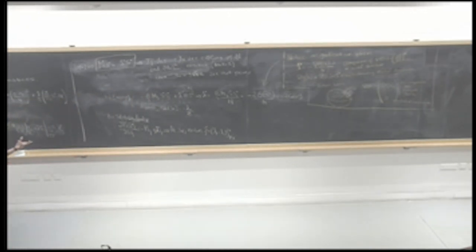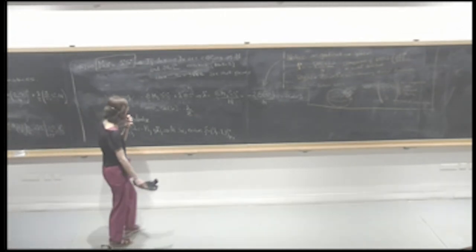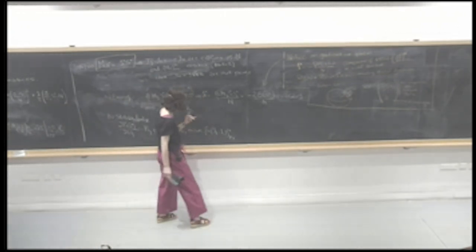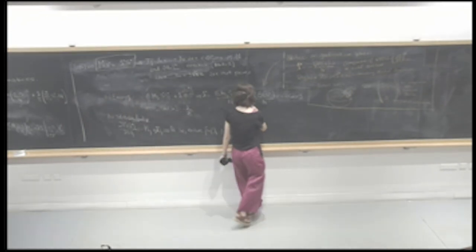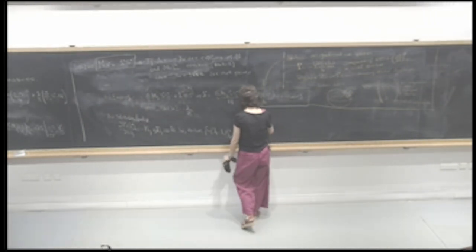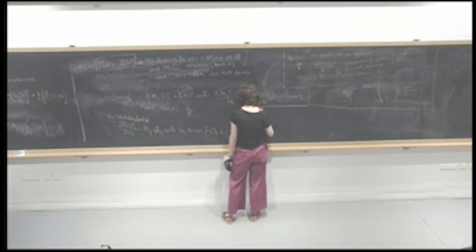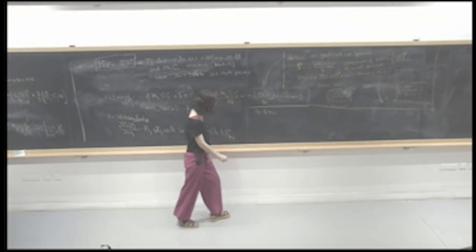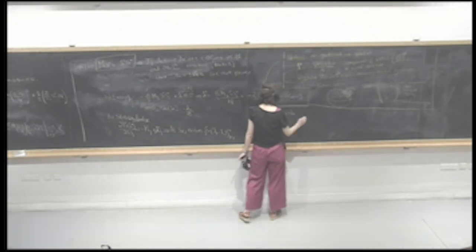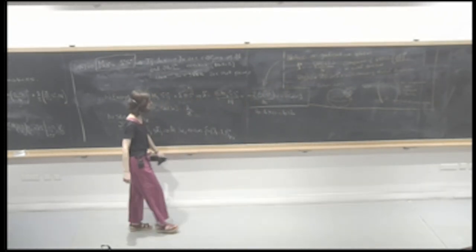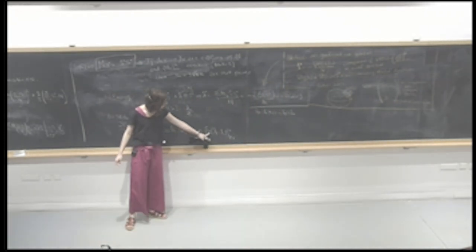And then you have to count, for any given alpha, how many of these differences are positive. I always mess up, so I have to do it carefully. Lambda beta minus lambda alpha will be positive when lambda beta is larger than lambda alpha, and I have a minus in front.